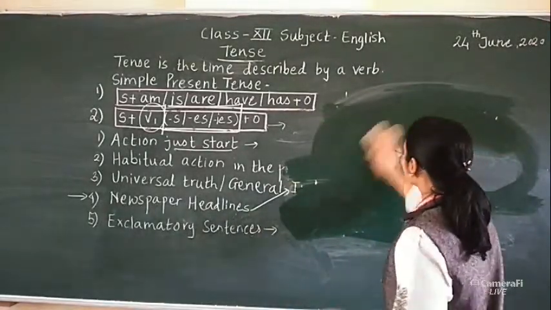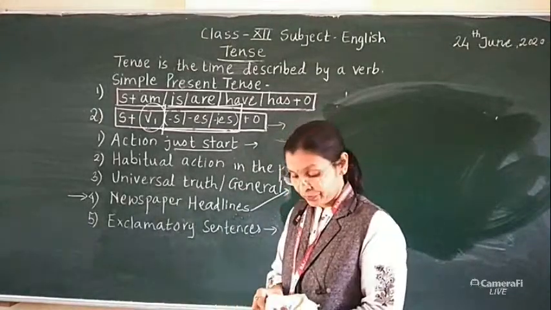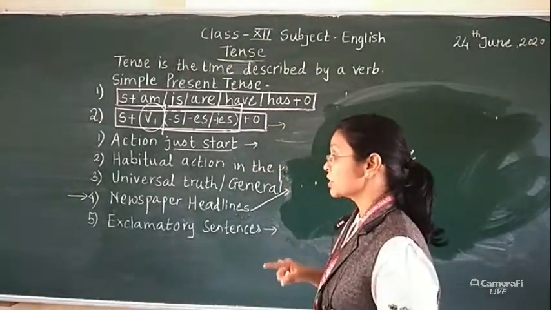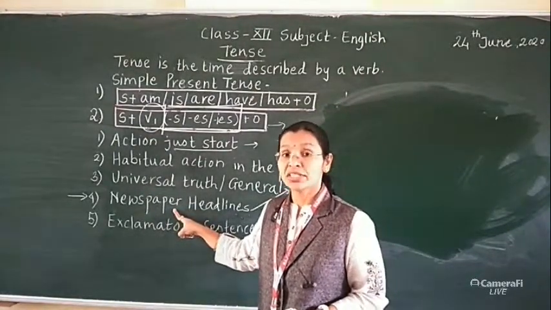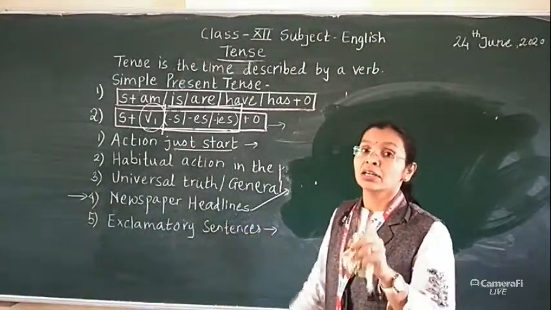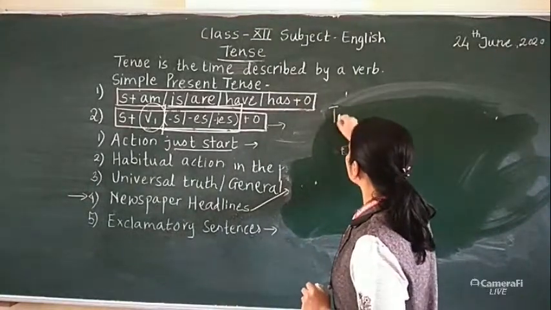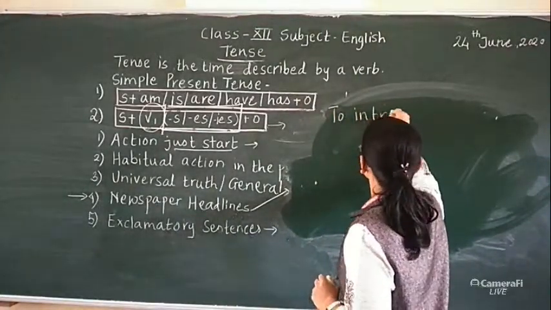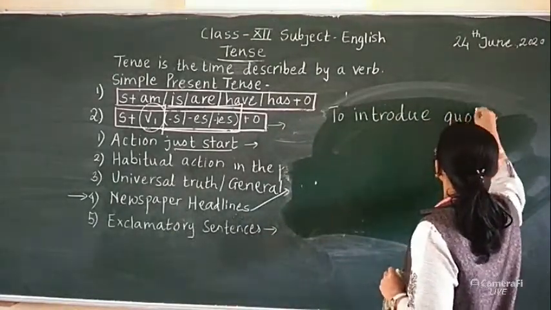Okay. Now, one more thing is very important here. What is that thing? See, pay attention here, in a newspaper, writing skill related. Am I right? What is here? Newspaper headline. You have this question in a writing skill. Okay. So next one is to introduce quotations.